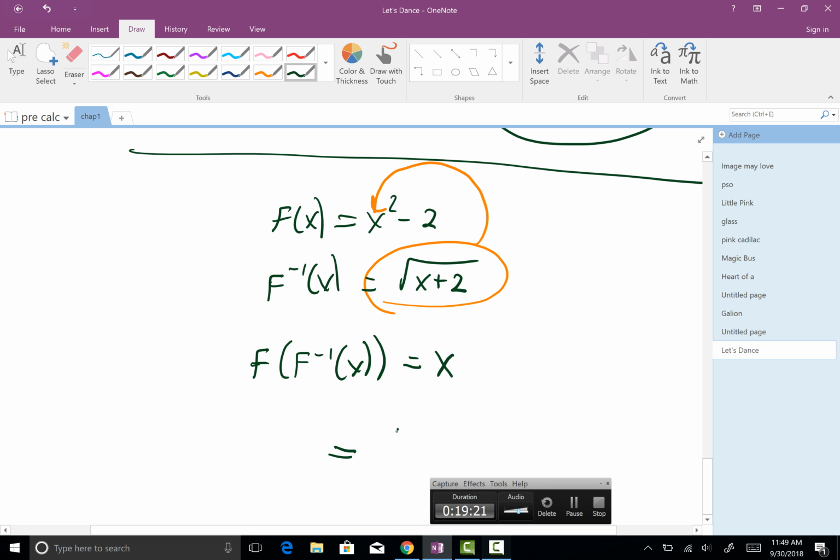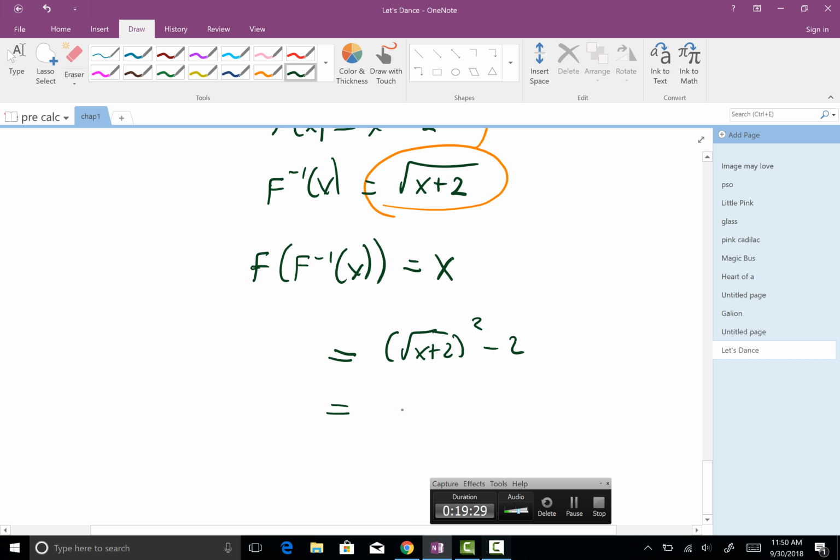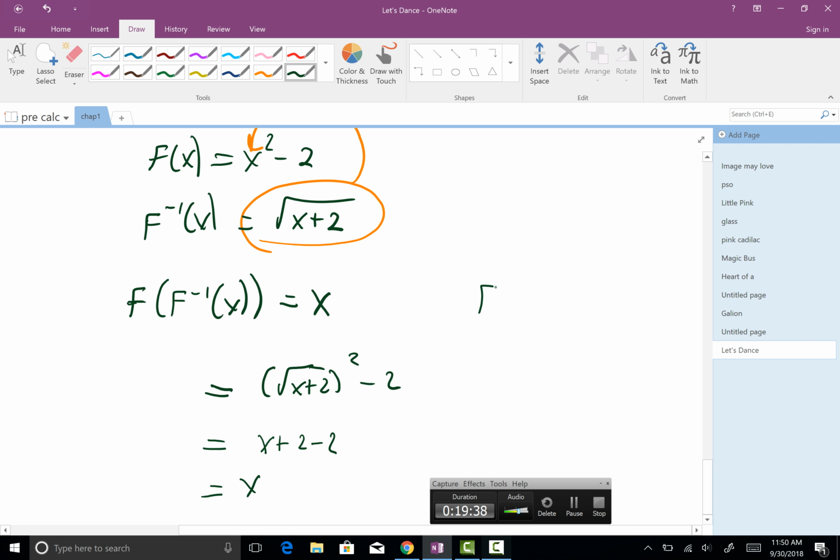See what we get. We're going to take the square root of x plus 2, squared, and then subtract 2. Well, that's just going to take care of the square root, and that's just going to give me x. So it works that way, right? Well, it has to work in both orders.